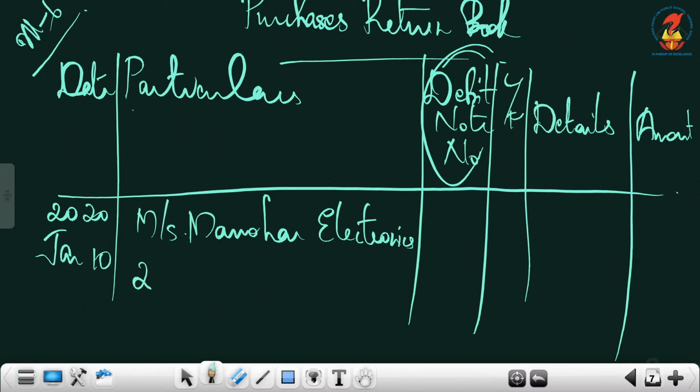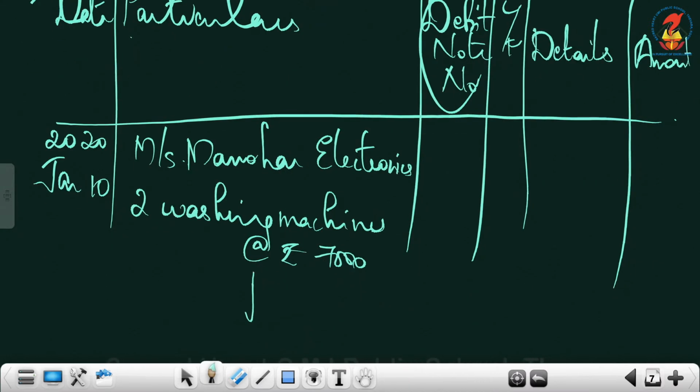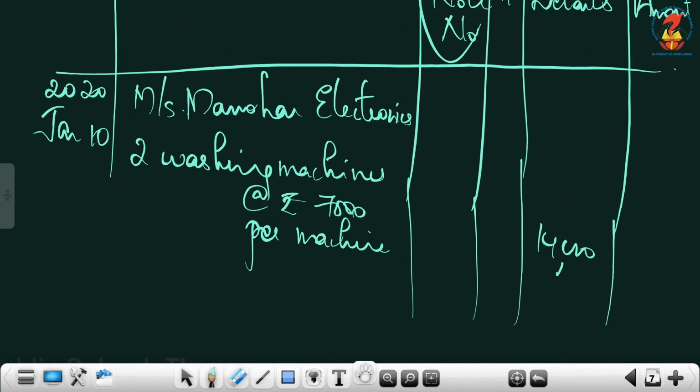Two washing machines. The rate of rupees 7,000 per machine. So 7 into 2, 14,000. Then the next is Jan 24th pen drives.